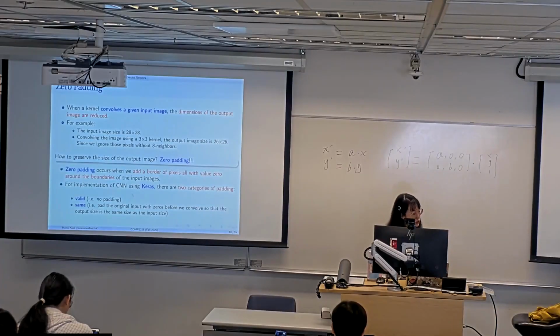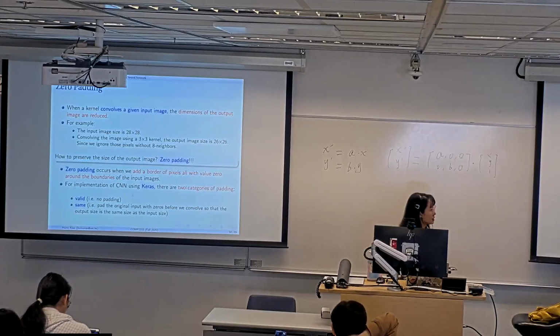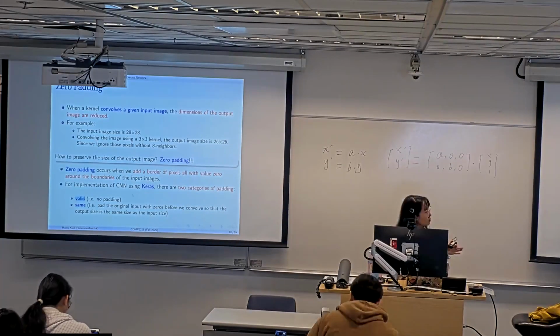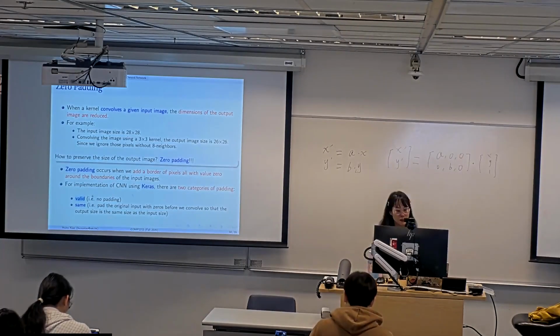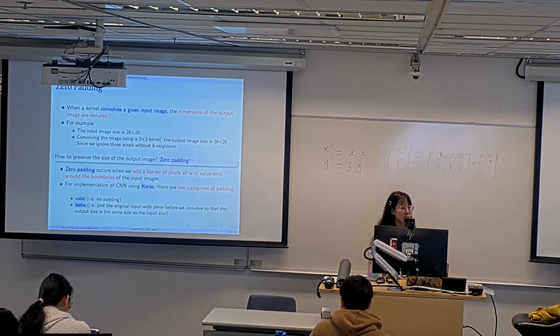If we are using Keras to implement CNN, actually there is an argument called padding in the Conv2D layer, and there are 2 values for that argument. The first is called valid. If you let the padding argument be valid, then that means no padding at all. Just don't apply padding. Another possible value for the padding is same.